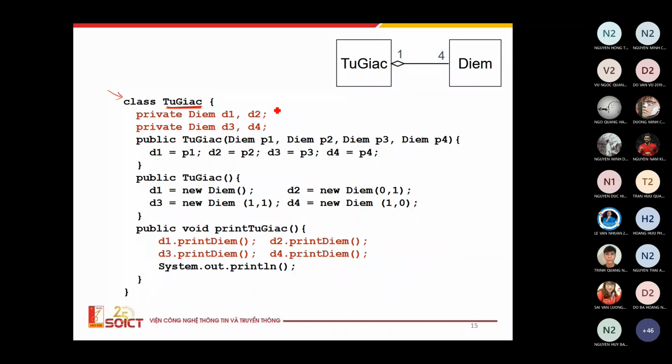That means the cut angle is combined of 4 points, so it will have 4 attributes, which correspond to 4 objects of the existing class named điểm.